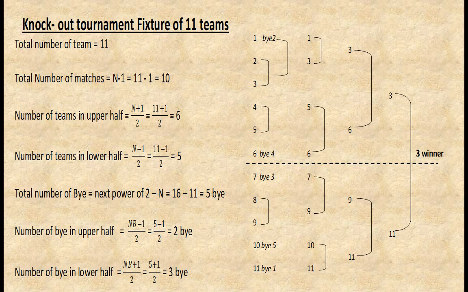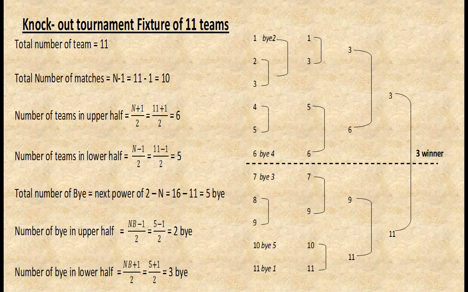Now, listen carefully. First round, those teams will not play. Those teams will get the byes. Got it? Now, in first round, we'll play second and third. And fourth and fifth, eighth and ninth, they will play among themselves.